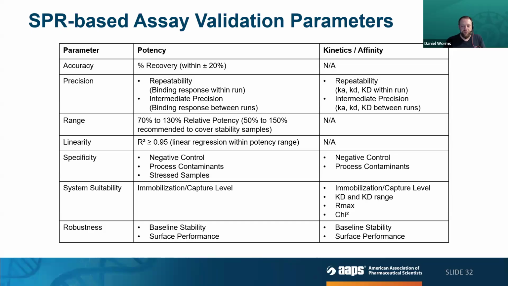So what is specific to SPR assays are the robustness parameters here, the baseline stability, which I initially mentioned on the first slide, is that a good regeneration protocol needs to be developed to make sure that the baseline returns to the previous state and does not increase or decrease over time. And also the surface performance is important, as this determines the number of cycles that can be run on one sensor chip. Next slide, please.